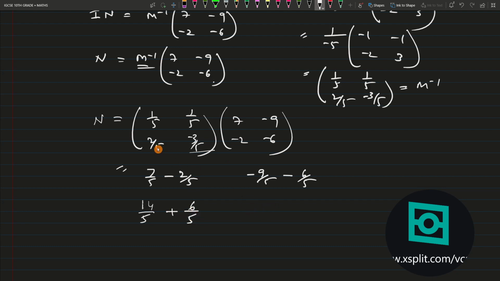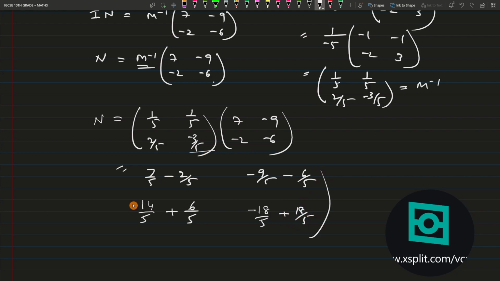And this will become minus 18 upon 5, and plus this will become again 18 upon 5.